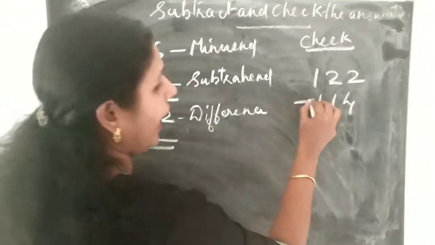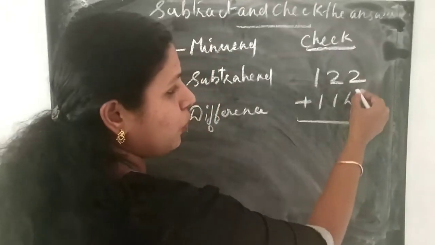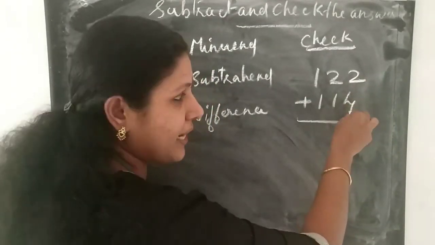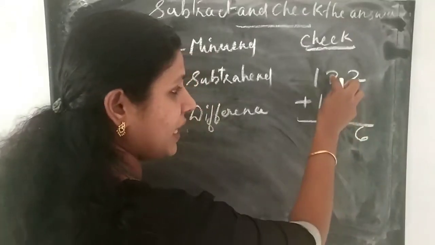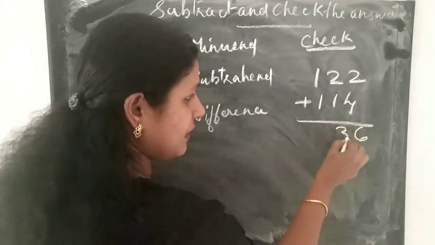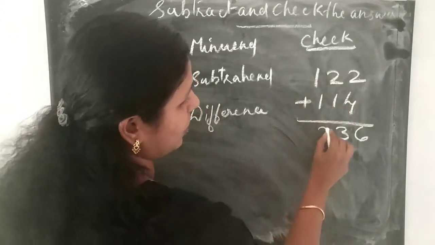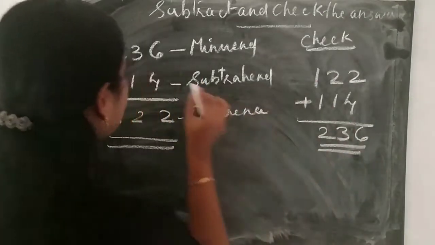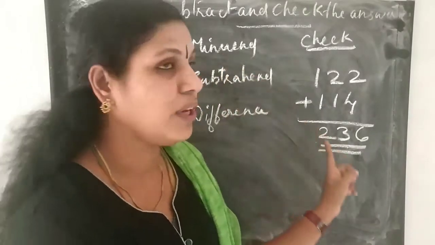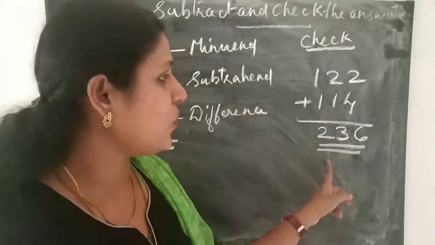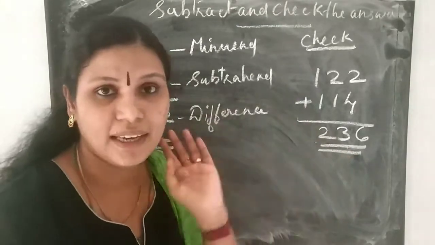Then we add: 2 plus 4 is 6. Then 2 plus 1 is 3. Then 1 plus 1 is 2. So here we get the answer 236. Now we get the minuend. Okay, so our method is correct.